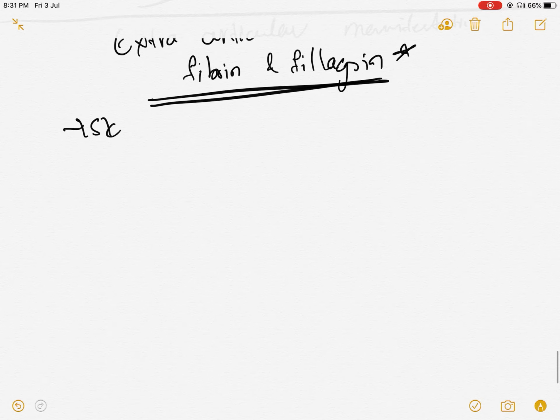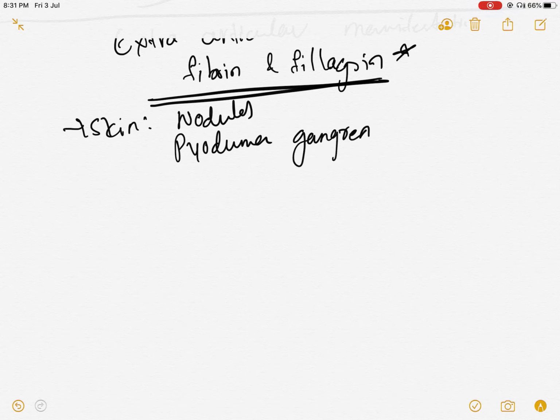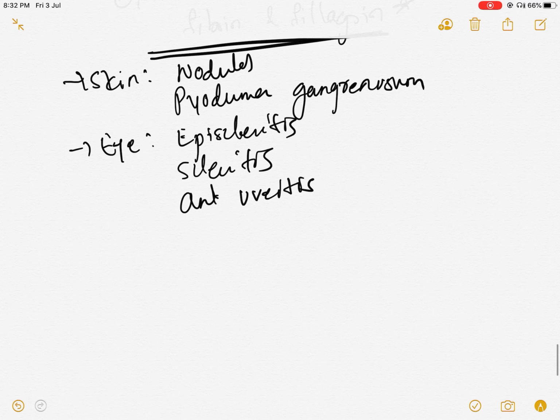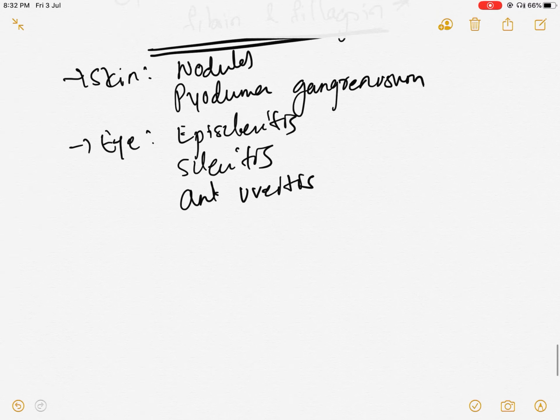In skin, it can cause nodules and pyoderma gangrenosum. In the eyes, it can cause scleritis and anterior uveitis. So, all are because of presence of fibrin and filaggrin.